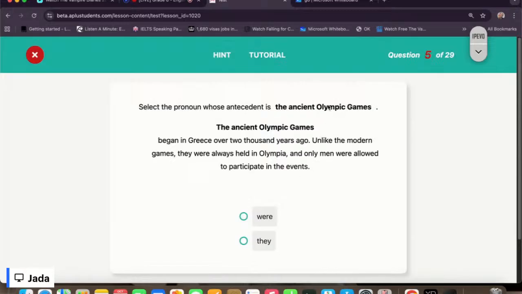Then the ancient Olympic Games began in Greece over 2000 years ago.